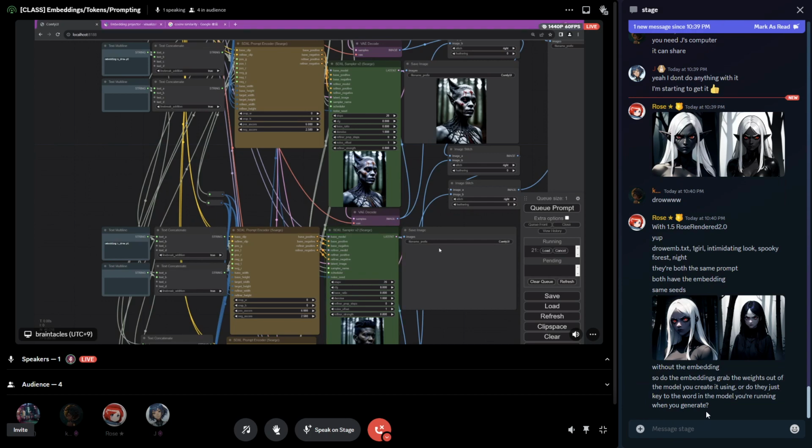Do the embeddings grab the weights out of the model you created them with, or do they just key the word in the model you're using?